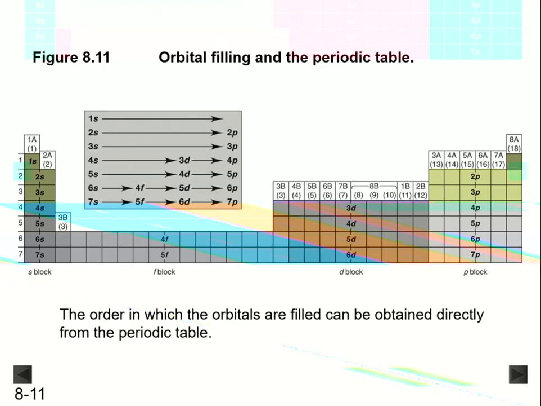Its energy rises up to a higher level. And you can see for all the S block, we're filling the dark brown elements. For the F block, we're filling the gray elements. For the D block, we're filling the blue elements. For the beige or light brown block, we're filling the P block elements.